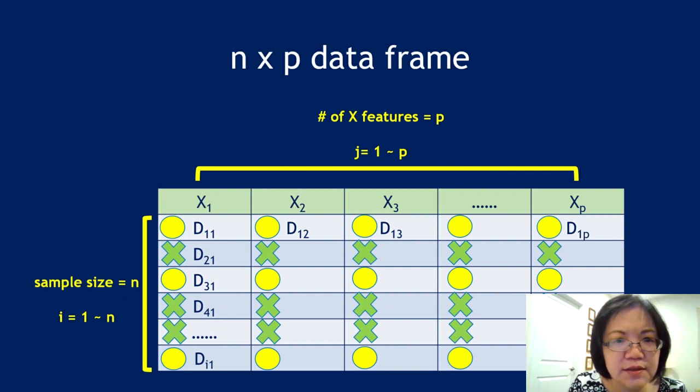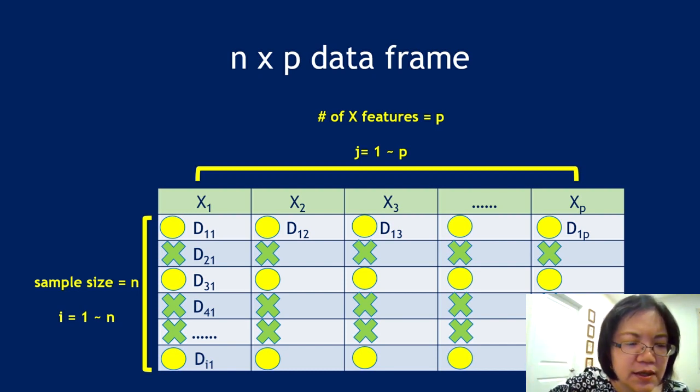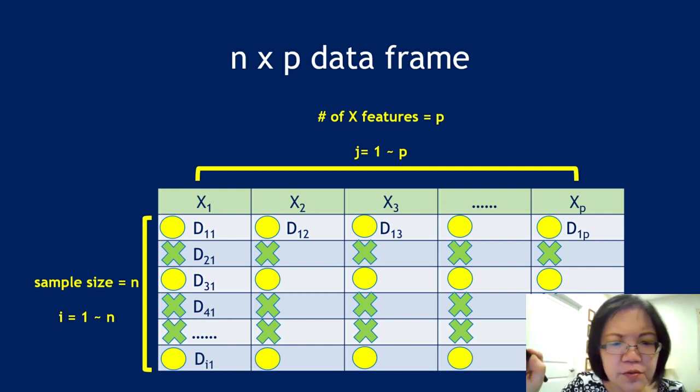Okay, so if we look at this data set, this is usually how we represent a data set. We will have P features, so P columns across, and then we have a sample size of n. Notice the notation: the first number i runs from 1 through n, iterating from the first row to the nth row.